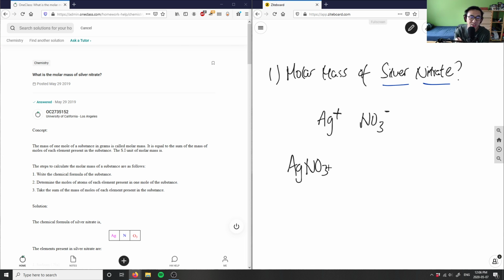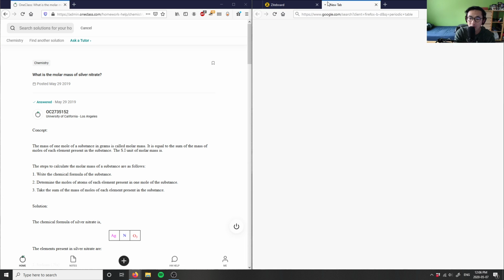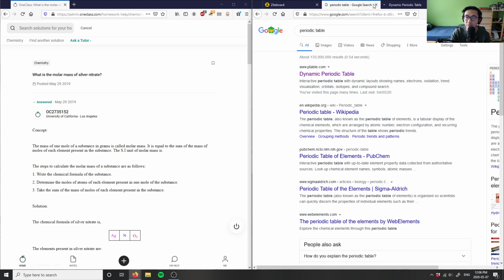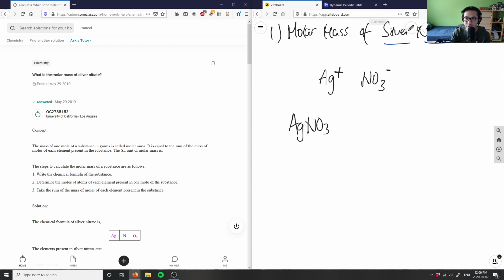Now, once we have AgNO3 as our chemical formula, we can find the molar mass. I'm going to bring up a periodic table. In silver nitrate, how many atoms do we have of each element? Let's count.